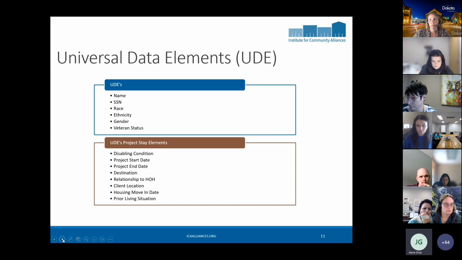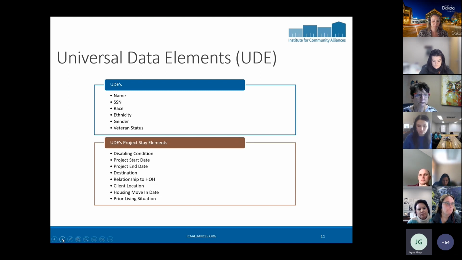HUD reviews the UDEs every 2 years to see if things need to change. Two years ago, the gender element changed to have more options. This year is a year of review, and there are going to be some changes to race and ethnicity. The social security number is always a point of hardship sometimes to collect from clients.